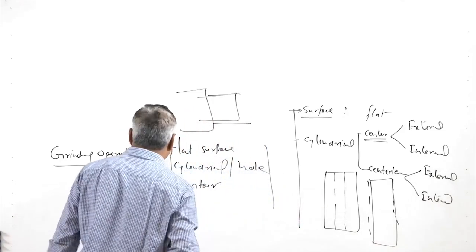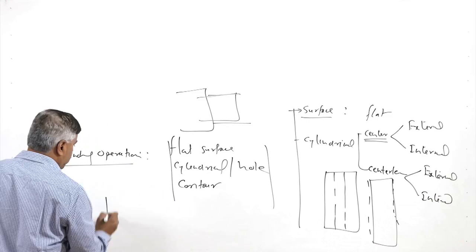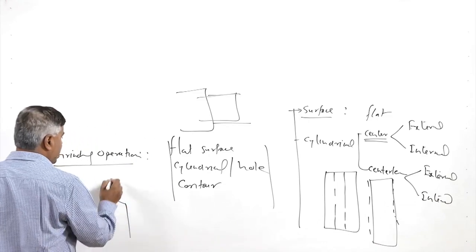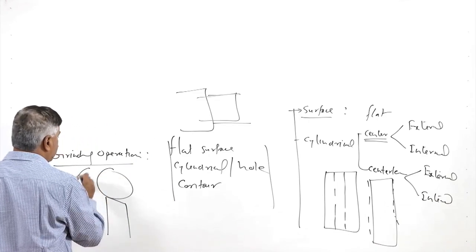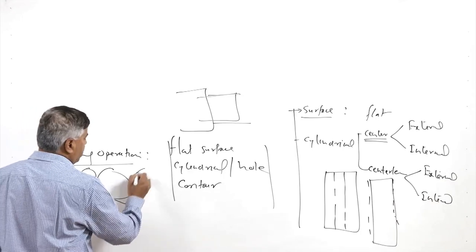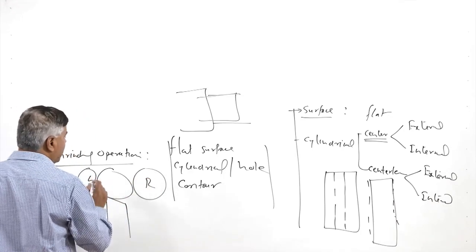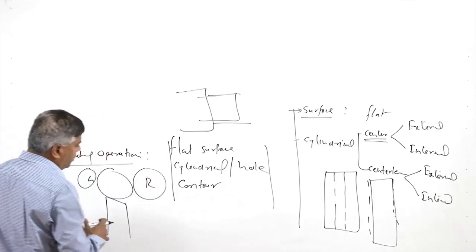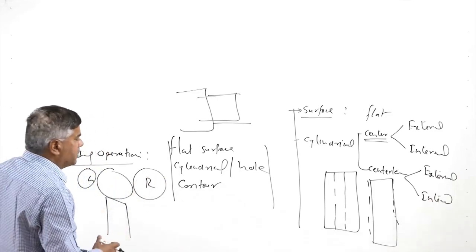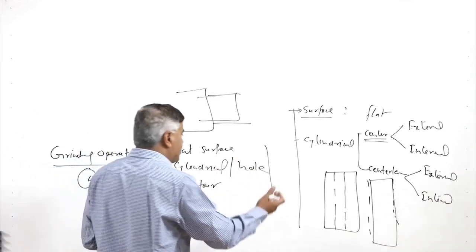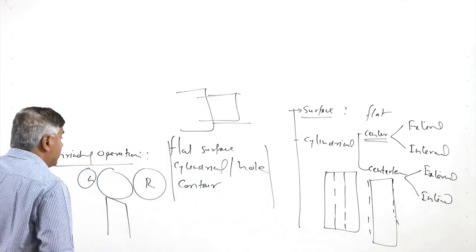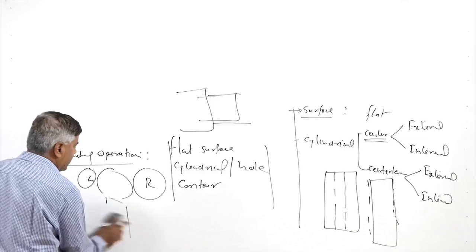In case of the centerless, the workpiece is simply placed onto the rest like this, and then with the help of the supports from the two sides, one being the regulating roll and the other the grinding wheel, the workpiece is placed in position for the external grinding, and likewise we have arrangement for the internal centerless grinding.